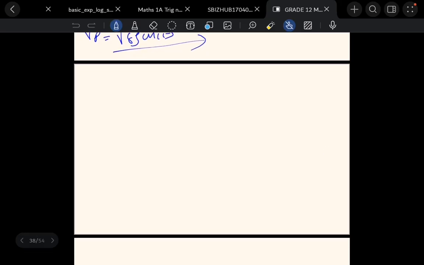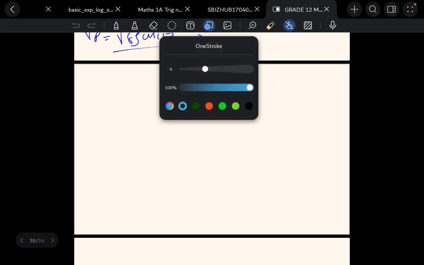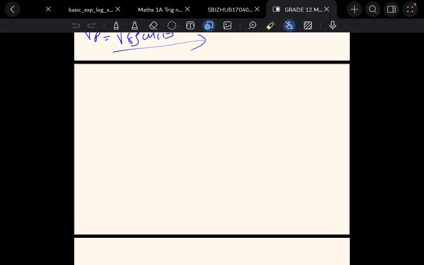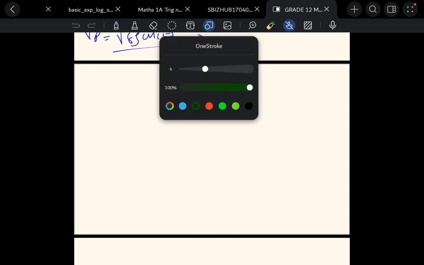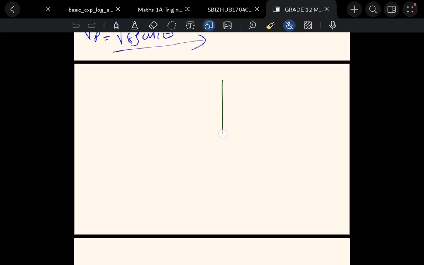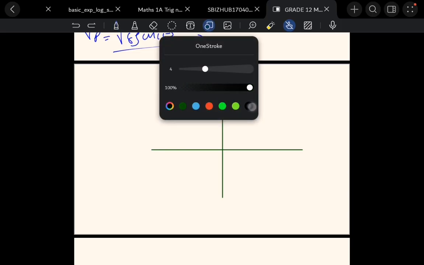So let me just draw another Cartesian plane, because I'm going to talk about the equation of a straight line, so you need to understand what is going on. How to find the equation of a straight line. I think you remember from functions, we are still using the same principle.